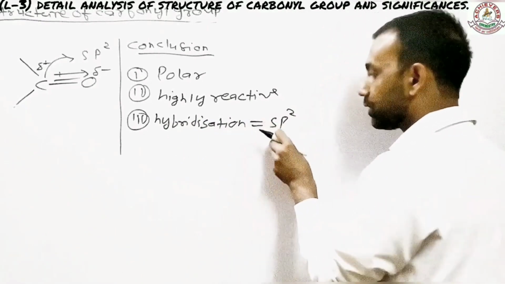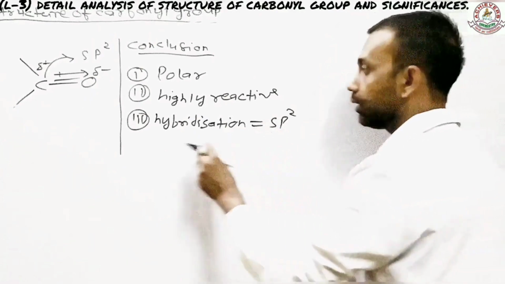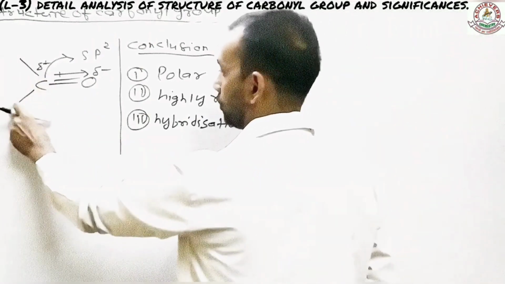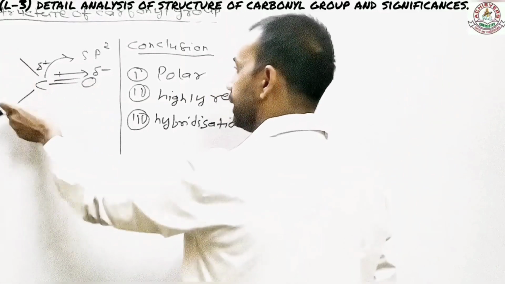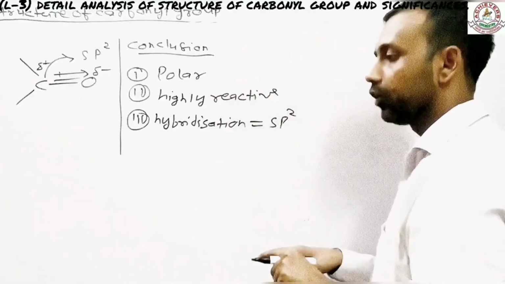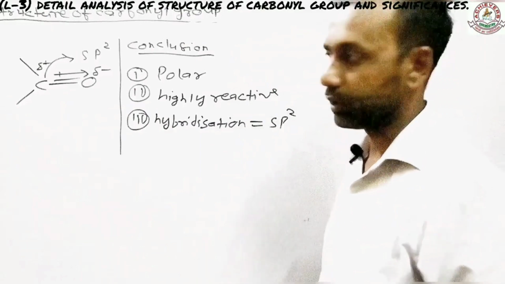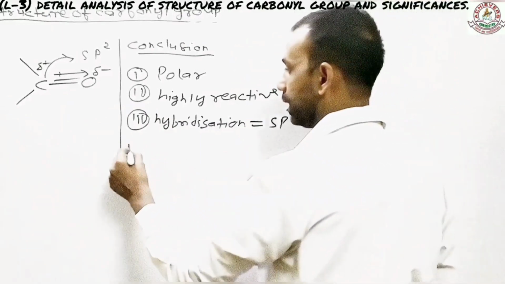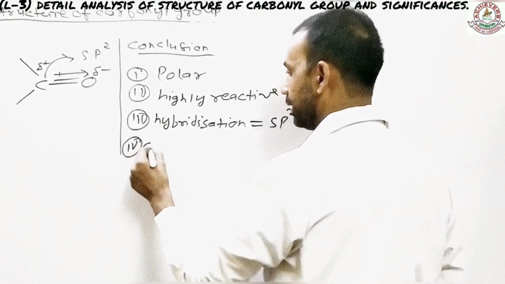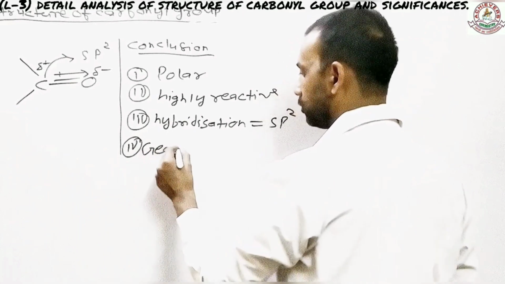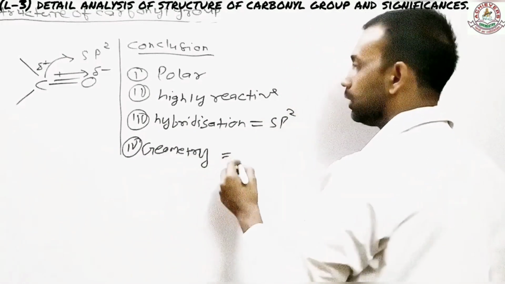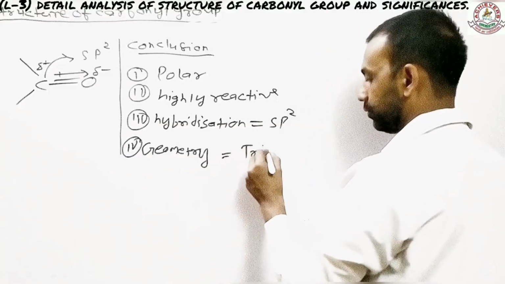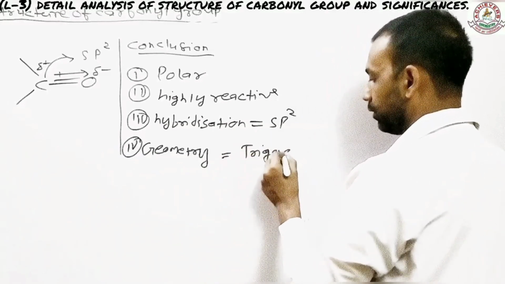Now there is something important here. Since the hybridization is sp2, what does that mean? That these three atoms, the oxygen, this carbon and this one, are on a trigonal planar geometrical structure. So the geometry is trigonal planar.